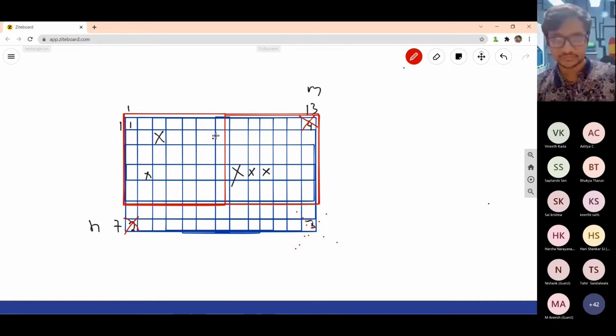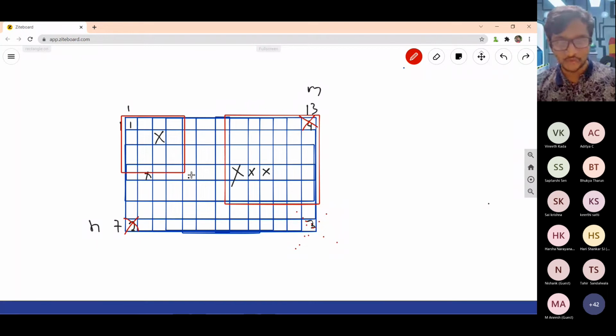If you consider this particular rectangle, the cells of this rectangle got flipped twice, so they would remain the same color, while the cells of this particular rectangle got flipped just once, so they will get flipped, right? Okay, so the equivalent of doing the 4 move is to do this one move twice, like this move and this move.